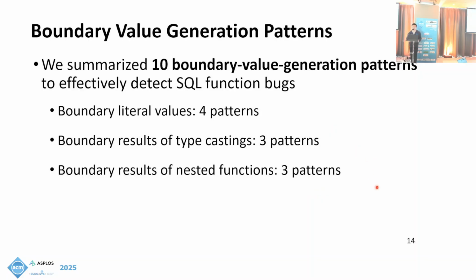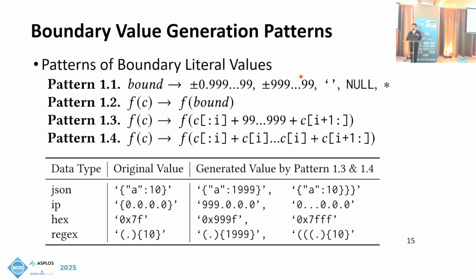nested functions. For the patterns of boundary literal values, our pattern 1.1 generates the boundary values of some common literal data types in SQL, and pattern 1.2 is to utilize them as function arguments. Furthermore, certain functions may require arguments with specific formats of strings.